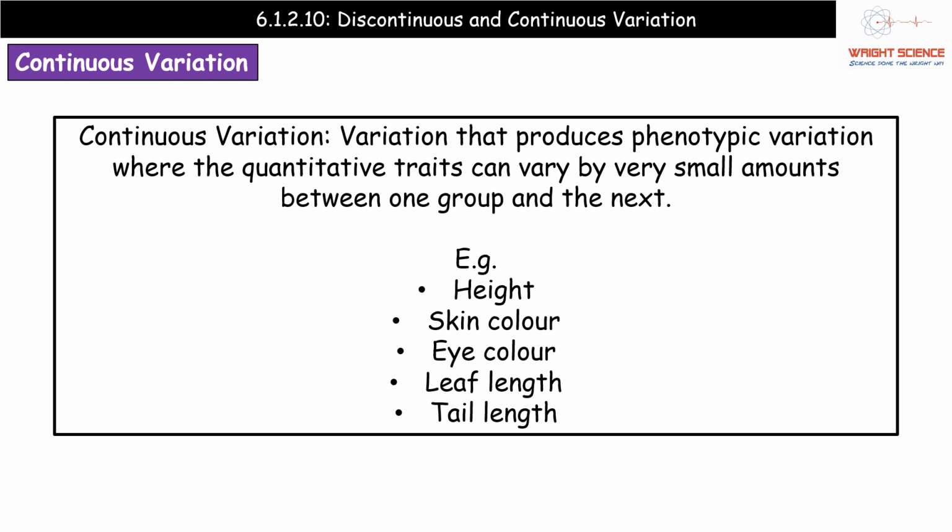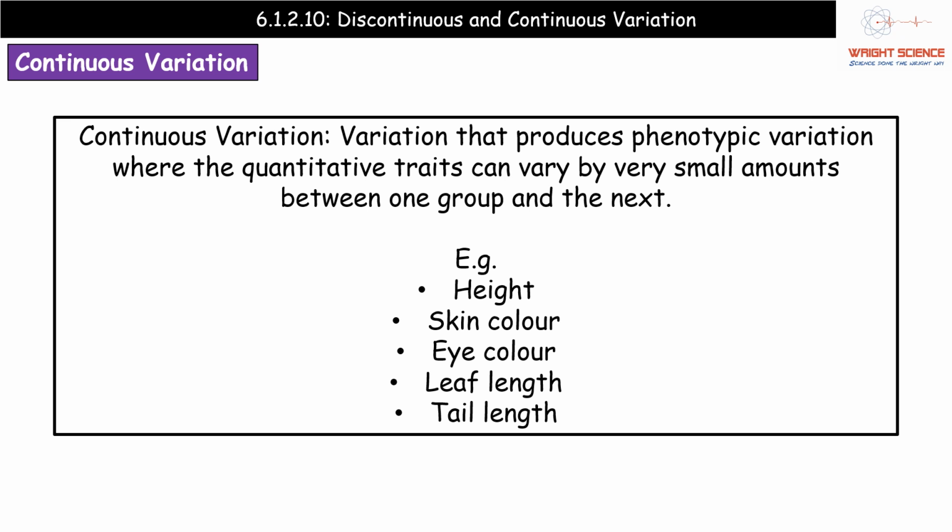Skin color, again, you're not black or white. There's a whole range of different shades of skin color that you can get between those as well. So we find there are these little differences between the individuals, and that gives us this continuous range of values that we could have.